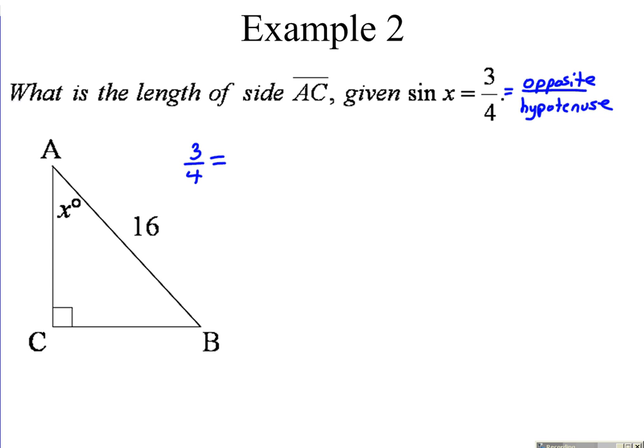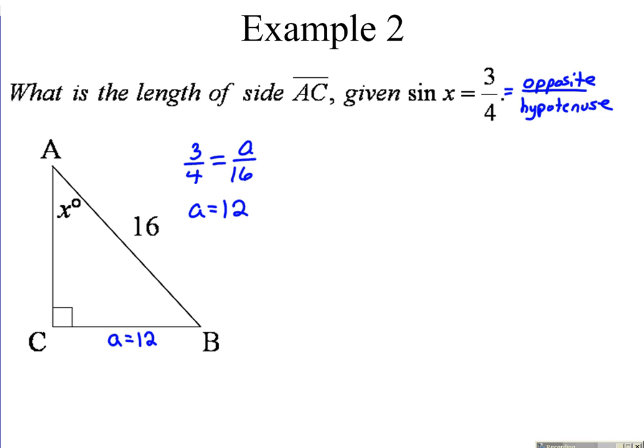So let's call this side opposite here A, since it's across from angle A. Opposite is A, hypotenuse is 16, so if I fill out my proportion and I go opposite over hypotenuse, we should be able to now solve this for A. If I multiply by 16 to get A by itself, in your calculator, take 16 times 3/4, and we find that A is equal to 12. So I know this bottom side here is 12 units long.